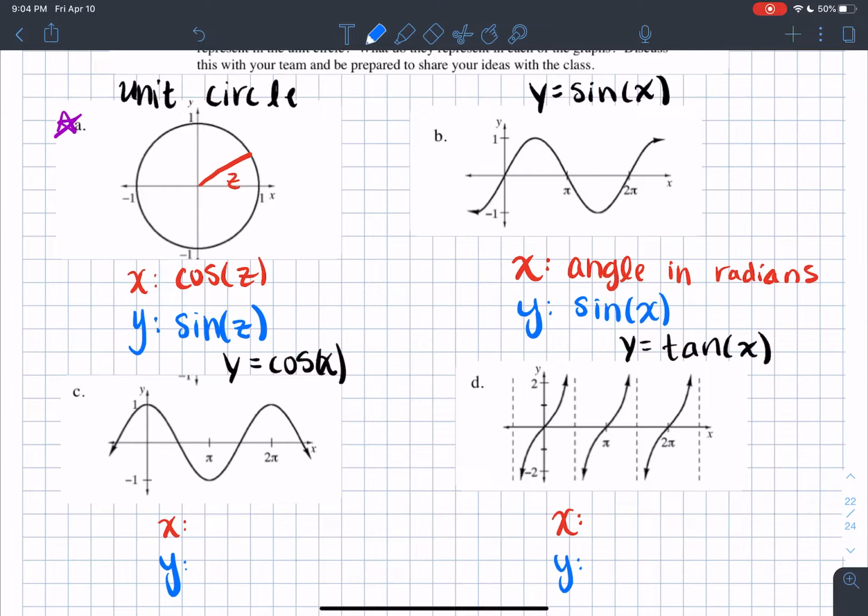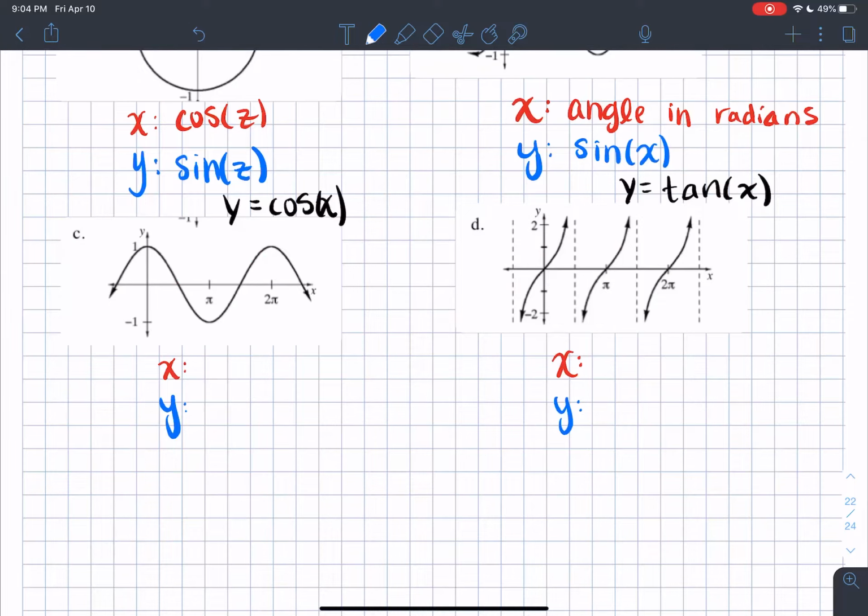If you haven't already, go ahead and find what x and y mean for the y equals cosine of x and y equals tangent of x. Now that you've taken a moment to find what x and y are in y equals cosine of x and y equals tangent of x, let's go ahead and go over what x and y are for those graphs.